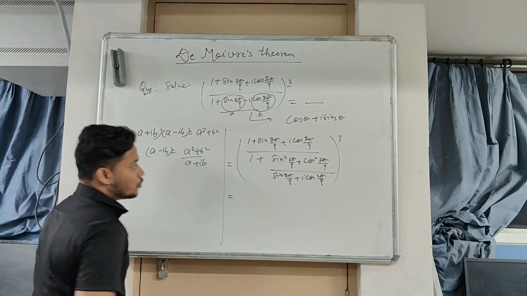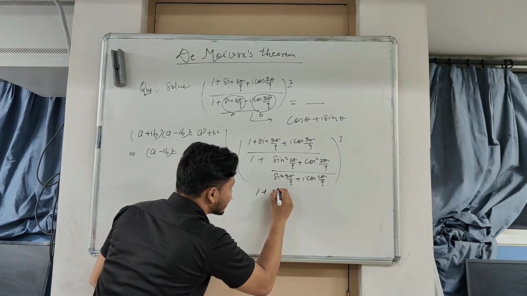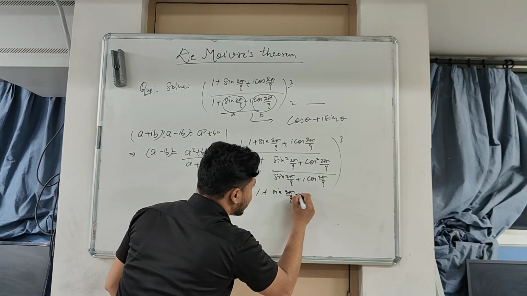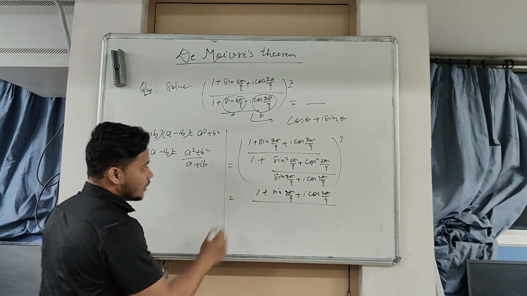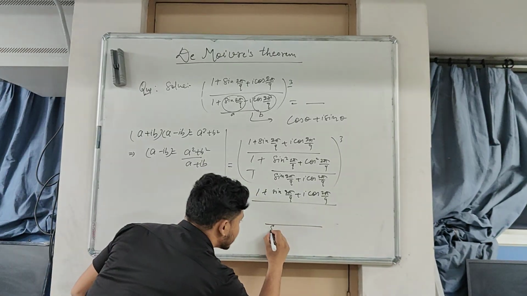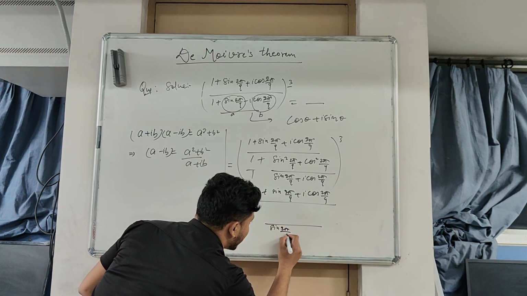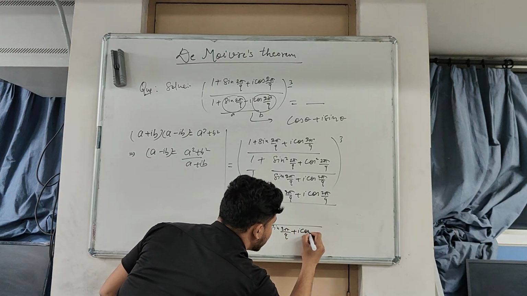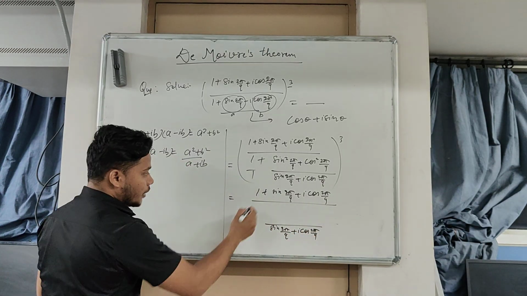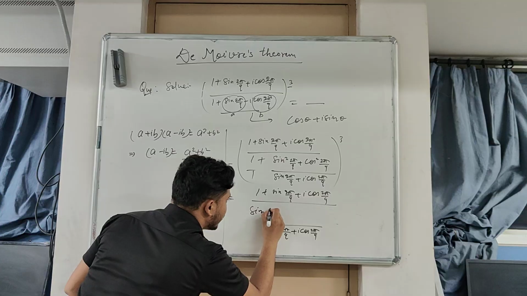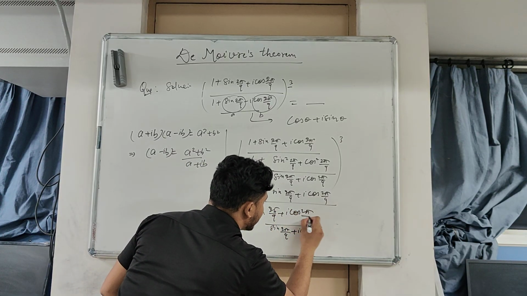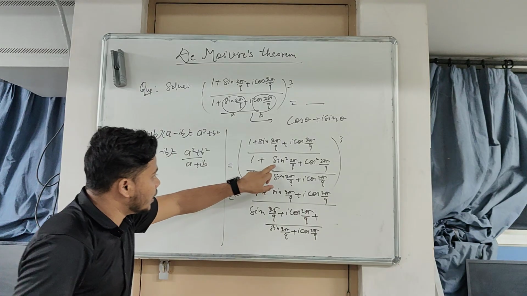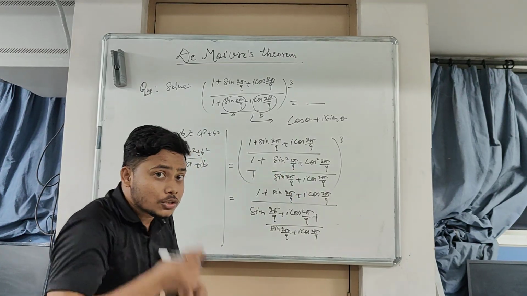Now this is equal to (1 plus sine 2 pi by 9 plus iota cos 2 pi by 9) whole divided by, just take an LCM and simplify it. LCM is sine 2 pi by 9 plus iota cos 2 pi by 9. Here what we get is sine 2 pi by 9 plus iota cos 2 pi by 9 plus, see, sine square theta plus cos square theta is going to be 1.